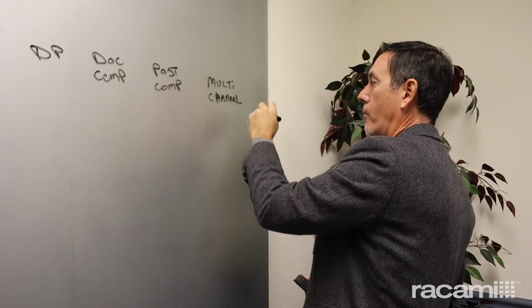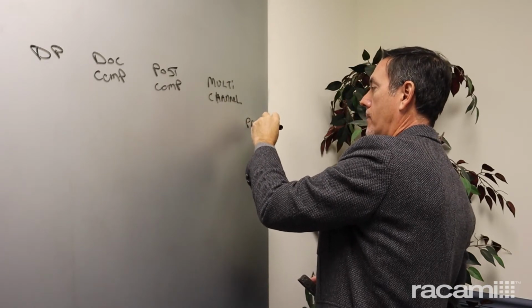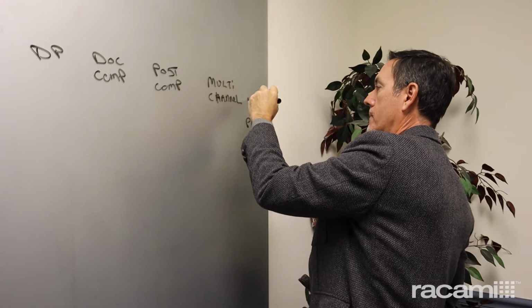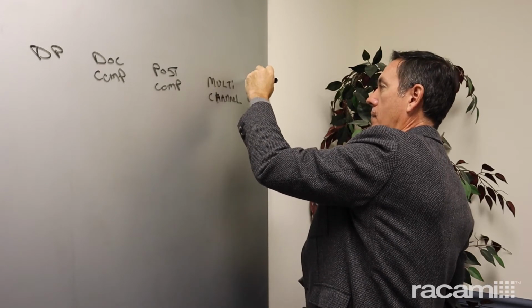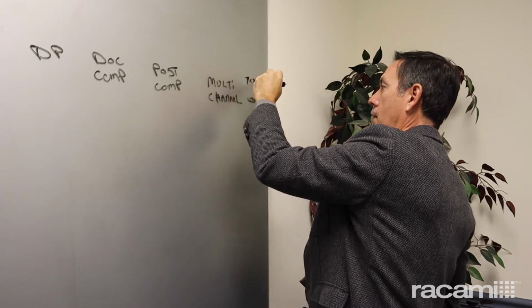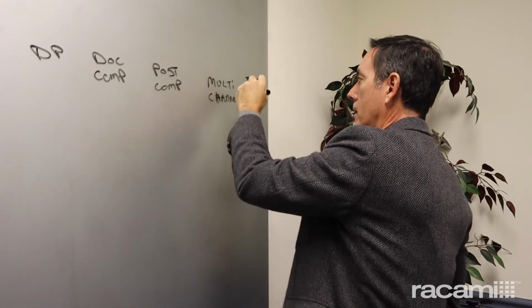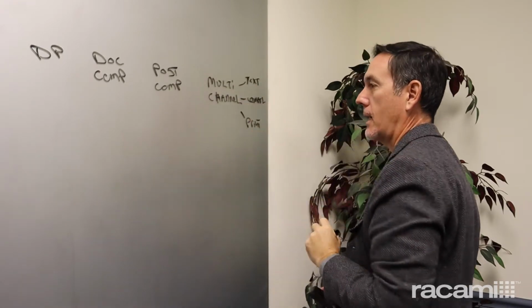Okay, and then, print is one of those things. You have email. You have SMS or text, and you have other channels. So we'll just say like that.